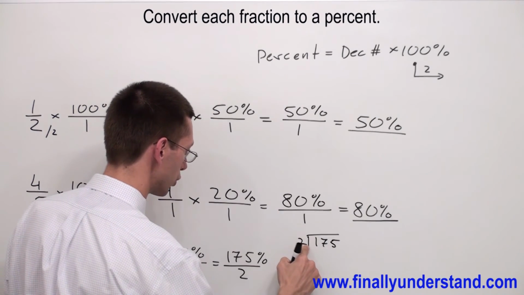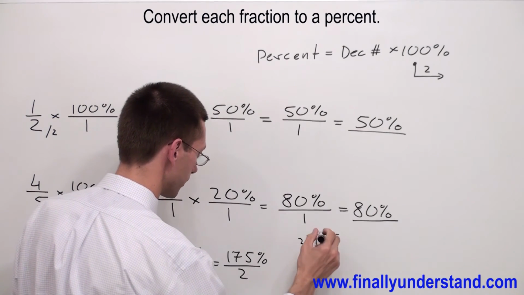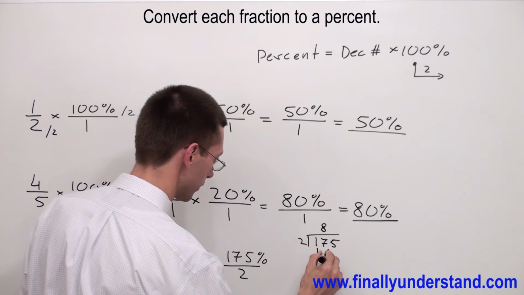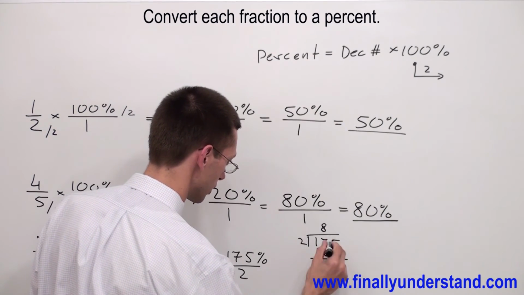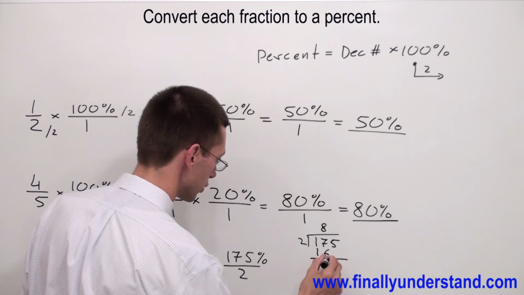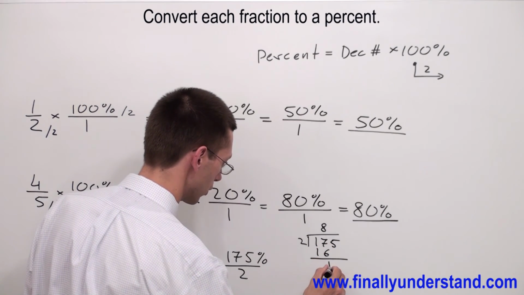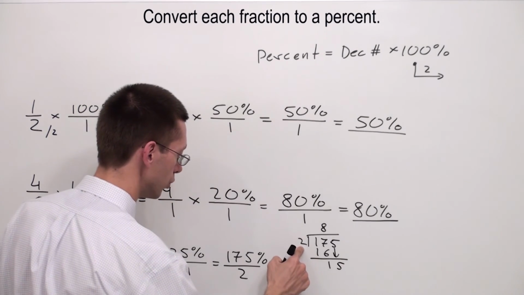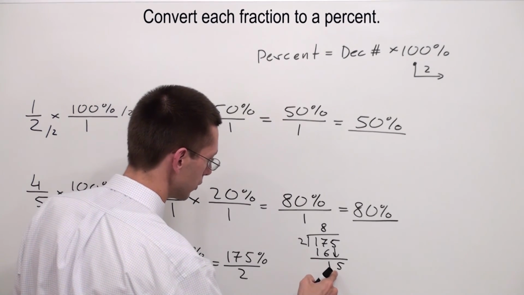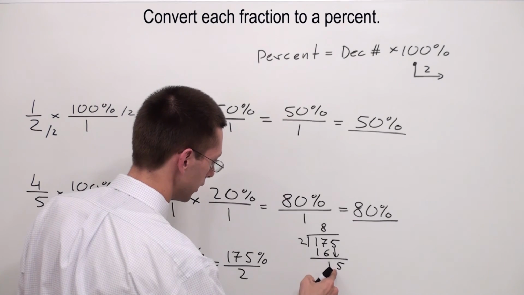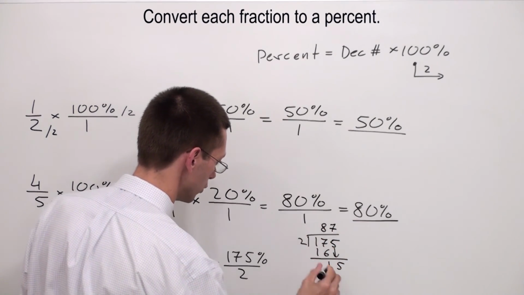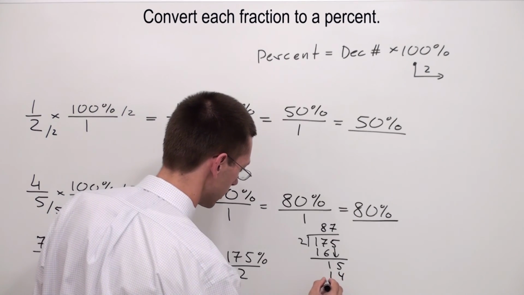How many times 2 goes into 17? 8 times. 8 times 2 gives me 16. Subtract: 7 minus 6 is 1. Bring down 5. How many times 2 goes into 15? 7 times. 7 times 2 is 14.